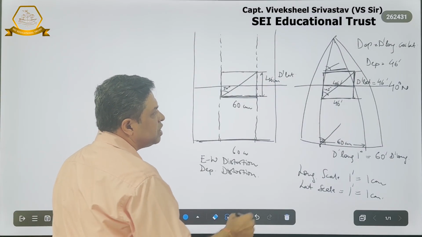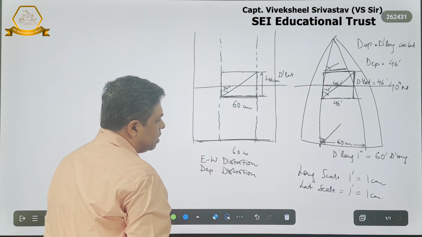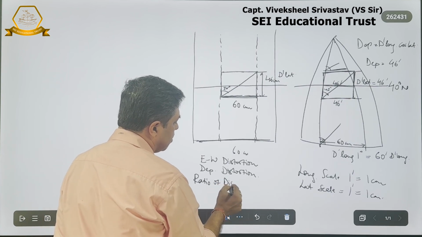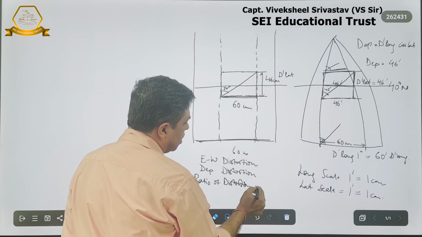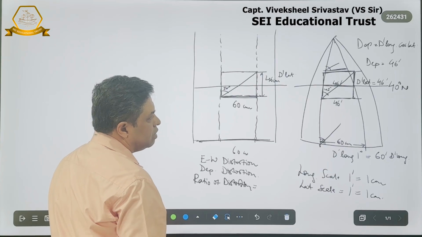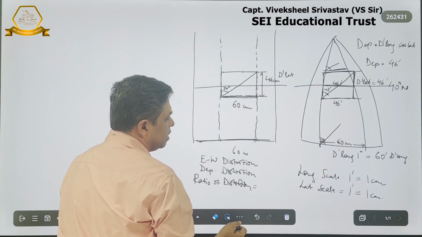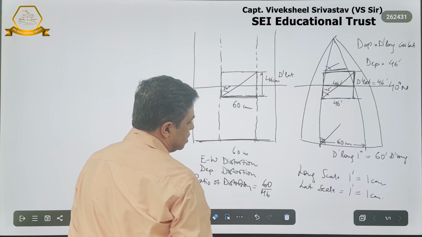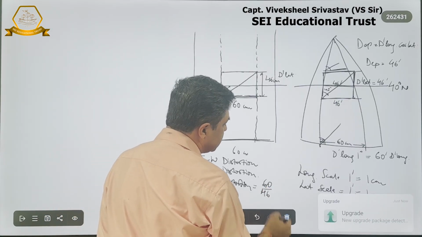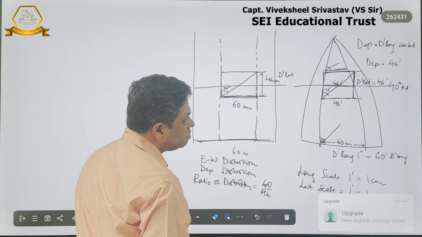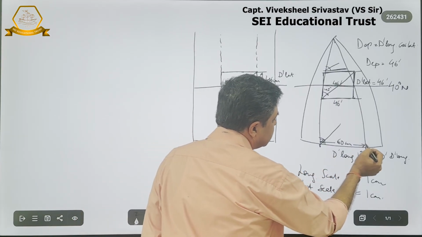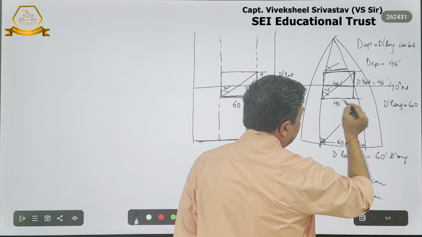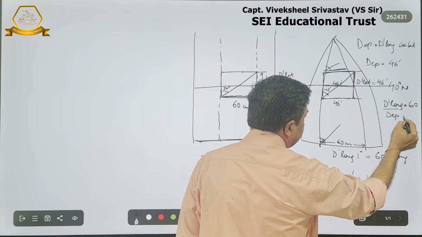And how much is the distortion? If you see the ratio of distortion, what is the ratio of distortion? 46 has become 60. So 60 by 46. And what is this 60 by 46? 60 is d long, 46 was departure, and what is this value?